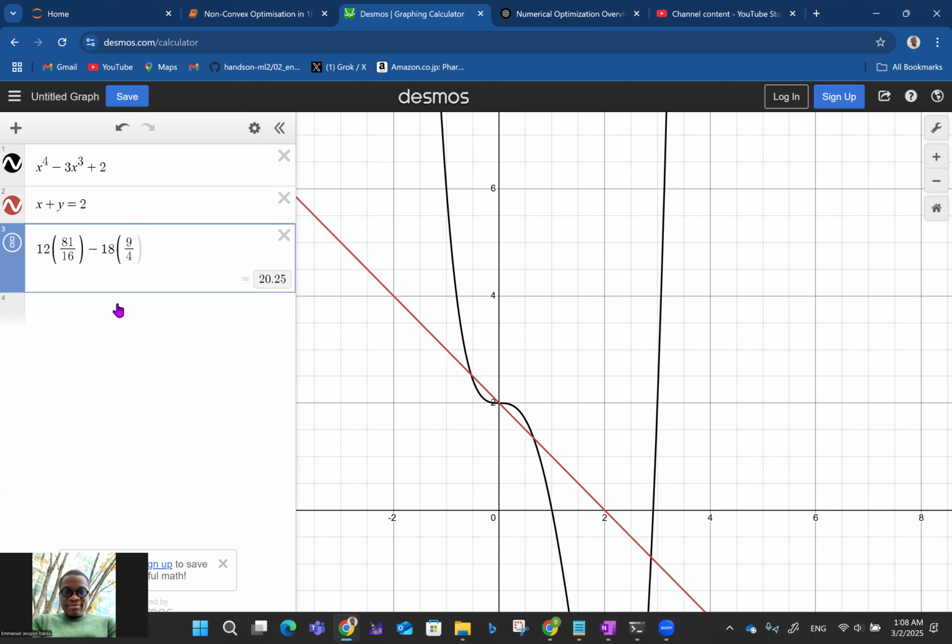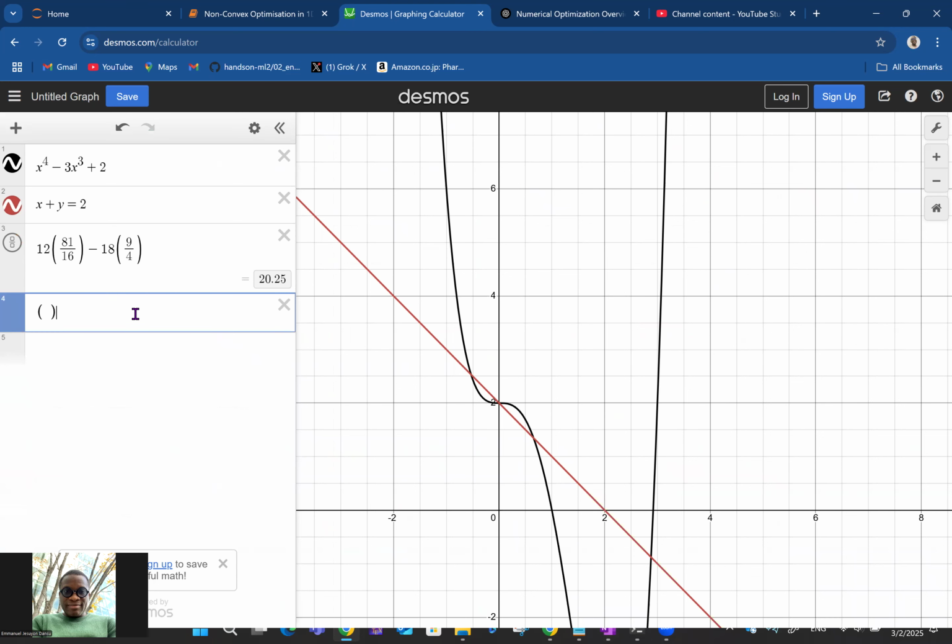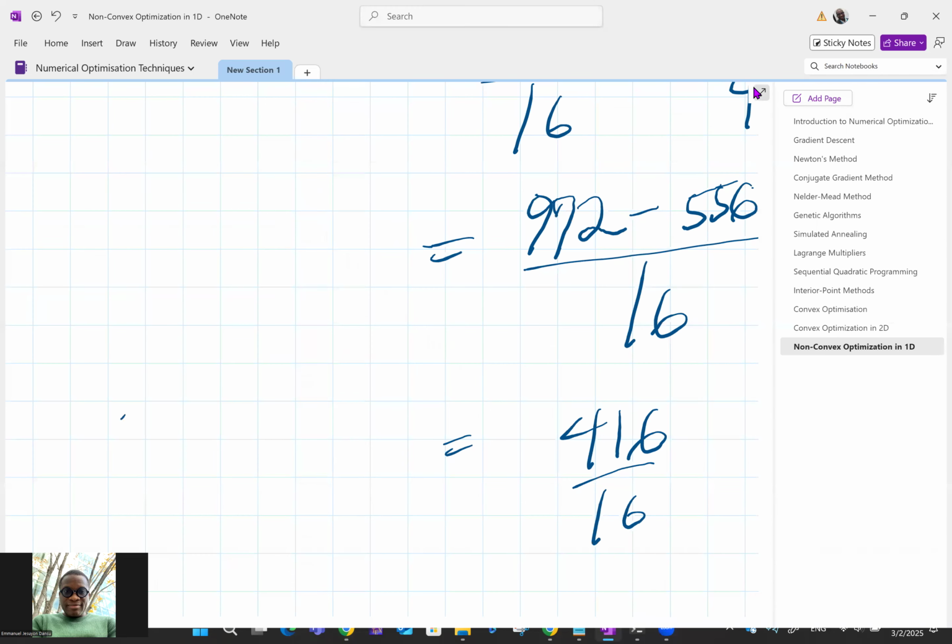The other one I did was 972 minus 556 divided by 16. Okay, I must have made a mistake up there. Let me cut this out. I want to be sure. So this is 60.75, then this other one is 40.5. So there must be a mistake somewhere.